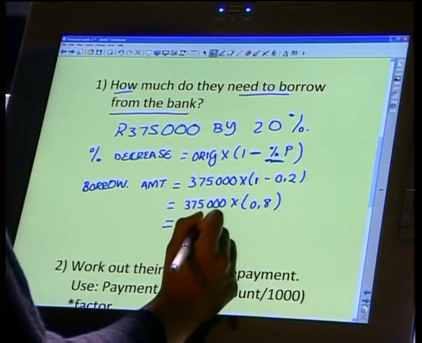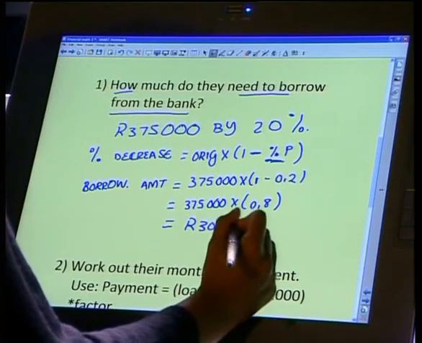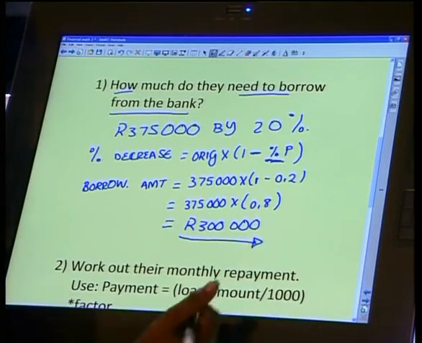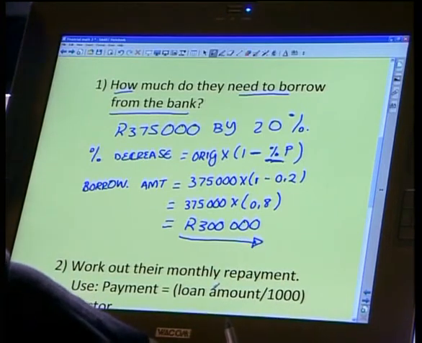So therefore the bank is giving them a loan amount of 300,000, and they would then have had to pay a 20% deposit, which in this case would have equaled 75,000 Rand. So they pay 75,000 Rand in cash, and then the bank gives them the rest of the money that they can pay against their home loan.